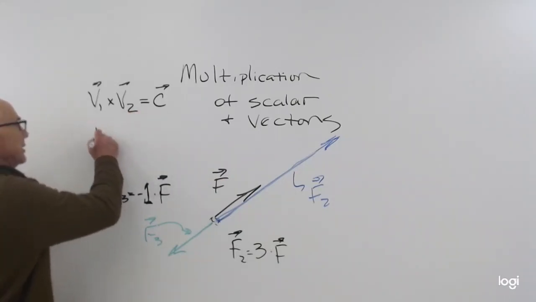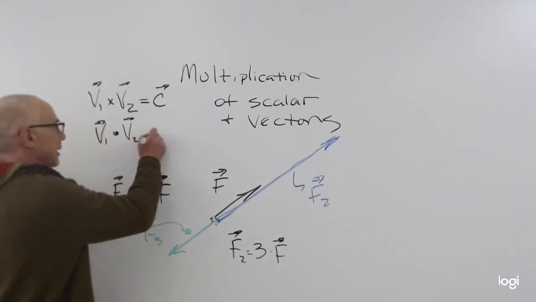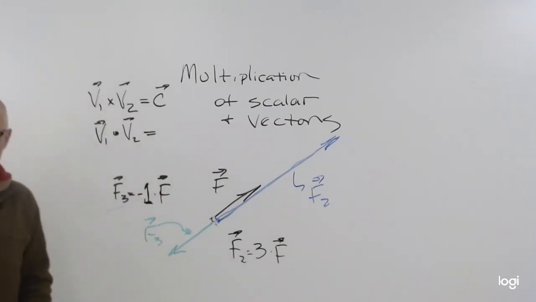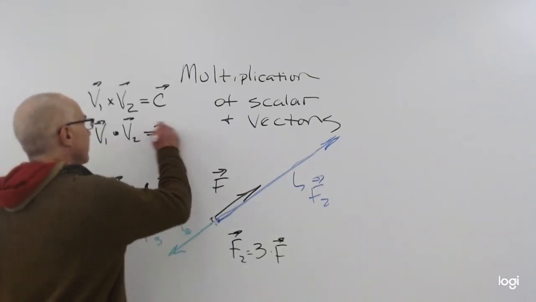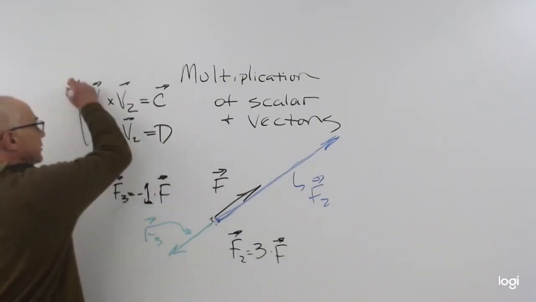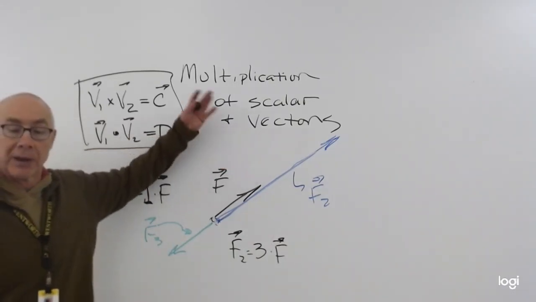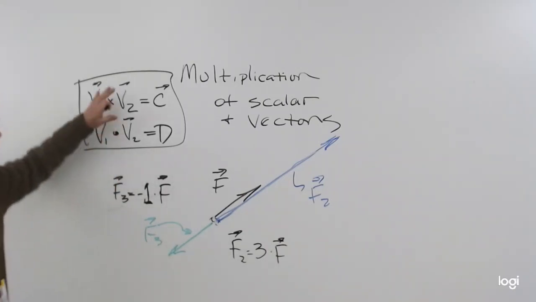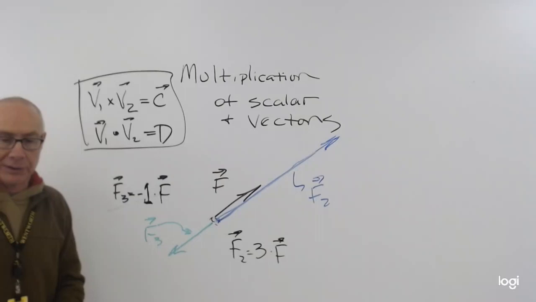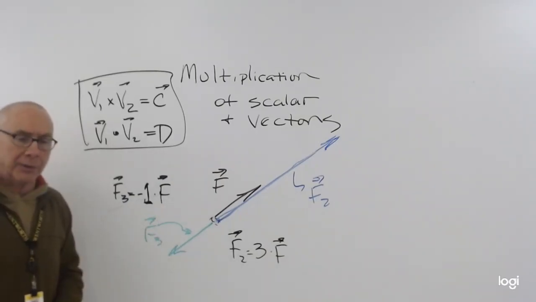And if you do a dot product, which is represented using, not surprisingly, a dot, you're going to end up with not a vector, but a scalar quantity. Okay, so we're going to be dealing with these later in the term, but I just wanted to let you know that you can multiply vectors not only by scalars, but you can actually multiply vectors by other vectors. And they actually have some very interesting properties that we're going to be dealing with later in the term. All I want to talk about right now, and I will see you in class.